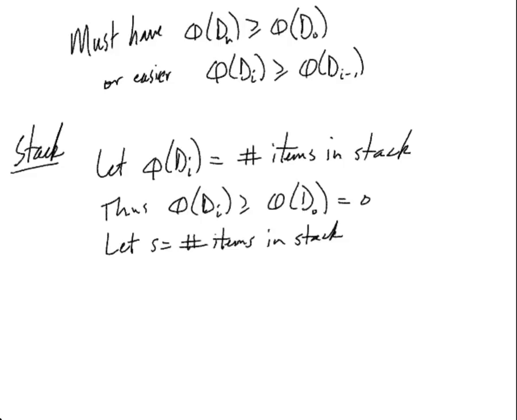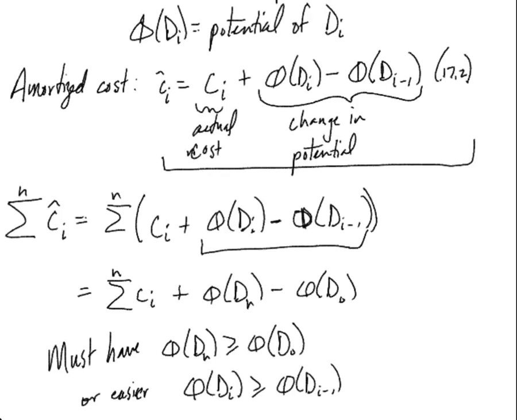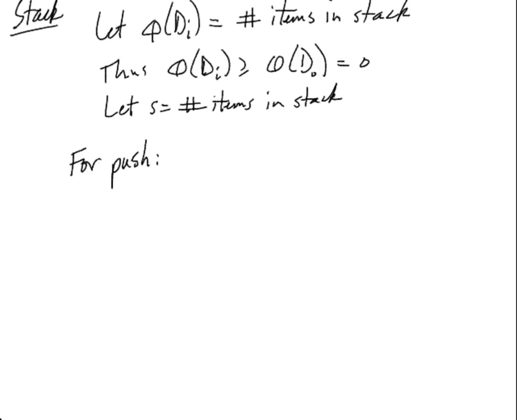So, for a push, what's going to happen? What is our change in potential? Now, recall, to find the amortized cost, right here, we need to find the change in potential from one operation to another operation.